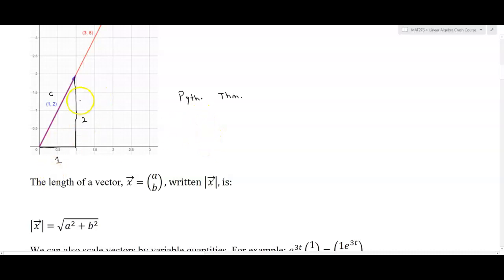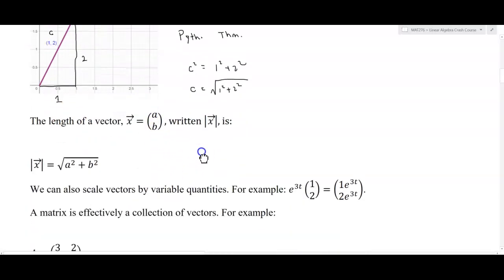And so c is effectively what we're referring to as the length of that vector. Because c squared equals 1 squared plus 2 squared, c is equal to the square root of the components squared. So that's how you can write the magnitude of a vector, or we'll often just say the length of a vector, which will suffice because we're not going to be dealing with higher dimensions where length doesn't make sense.